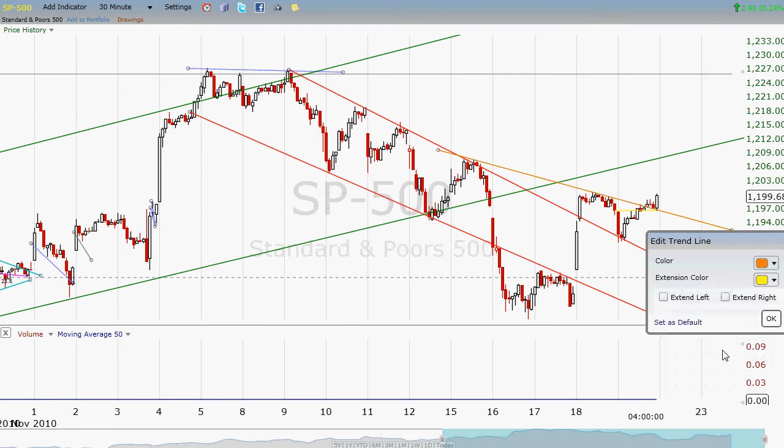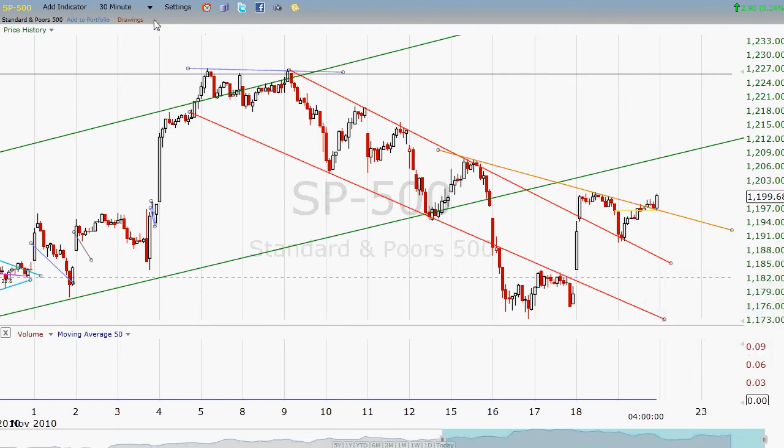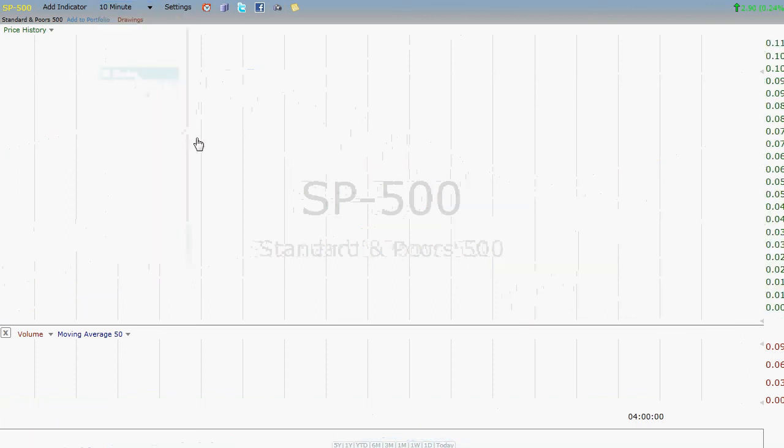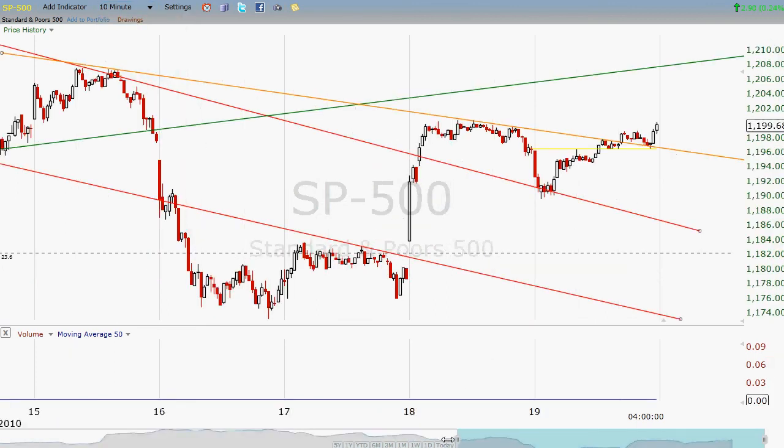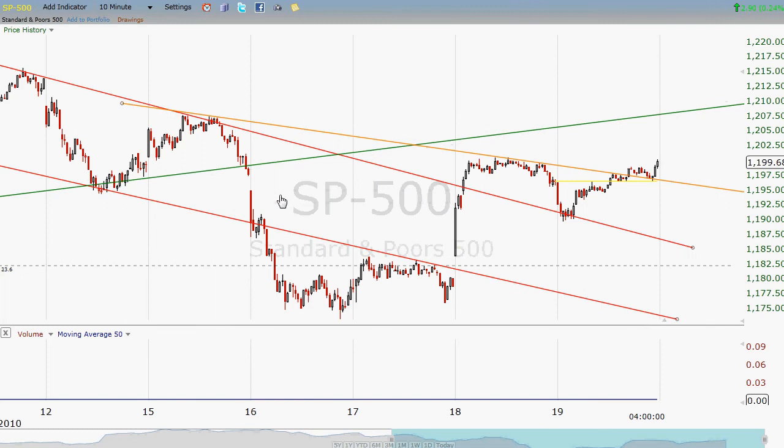And clearly, this is a short-term look at things. But if we get in here a little closer, you can see that after, it wouldn't break here, but that's what defined this orange line as the second point. Came back down, back tested this line, came up, had a little trouble, broke over the top of it, went sideways, back tested this orange line, and ended the day on a strong move.